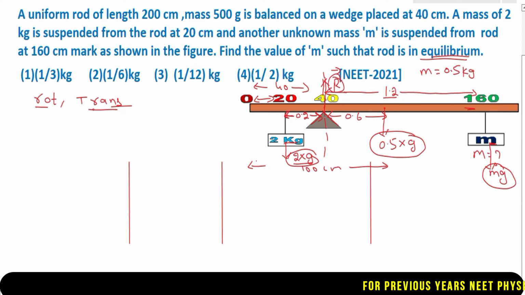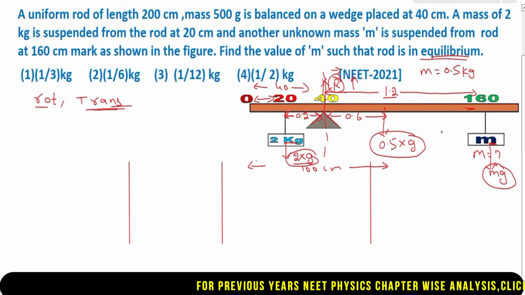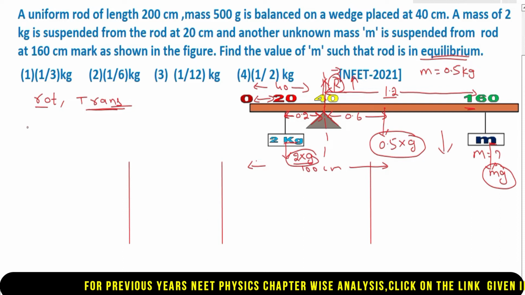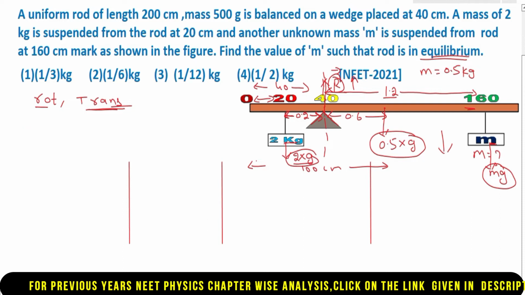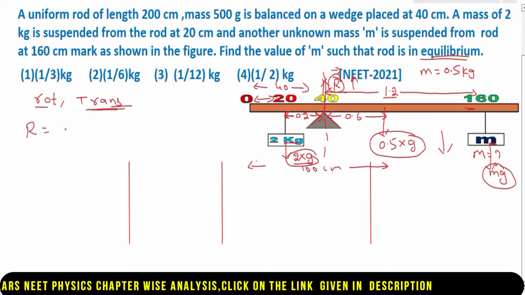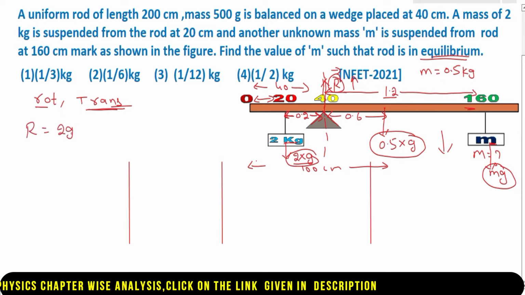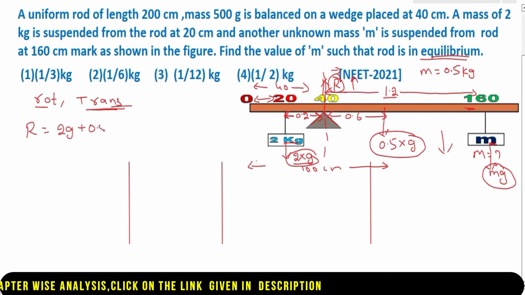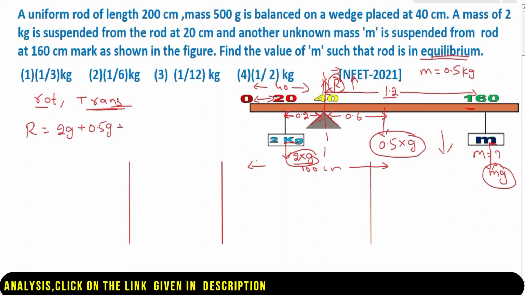Since it is a translational equilibrium, the upward force is equal to the sum of all downward forces. The only upward force acting on the rod is R, so R is equal to 2g plus 0.5g plus mg.